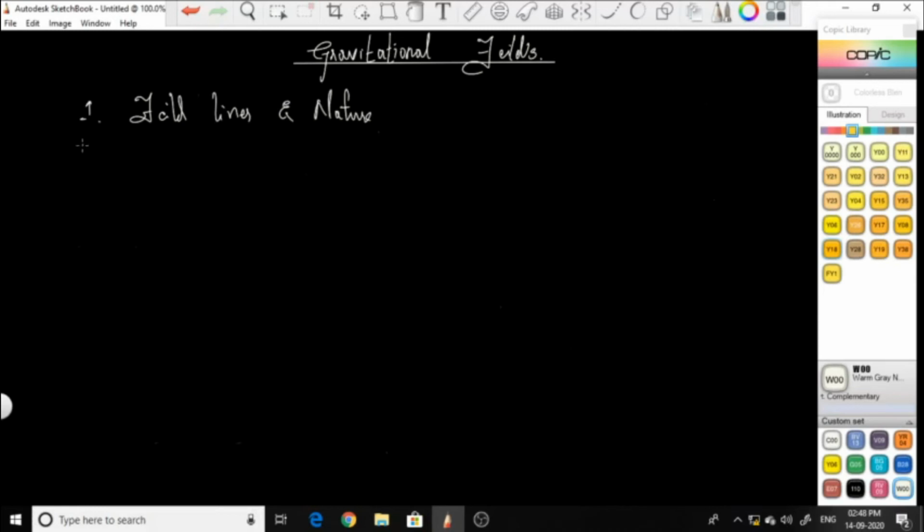The next topic was the law of gravitation. The equation of the law of gravitation was F is equal to G m1 m2 over r square.